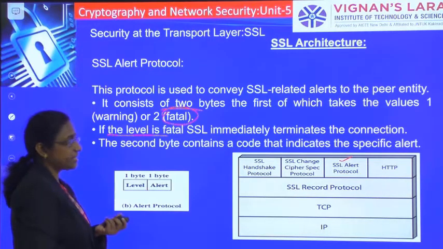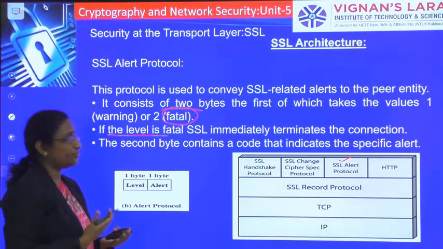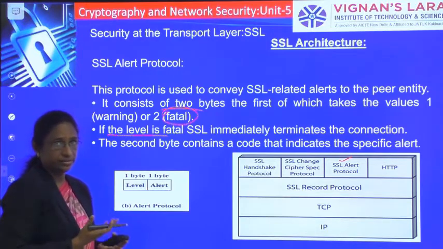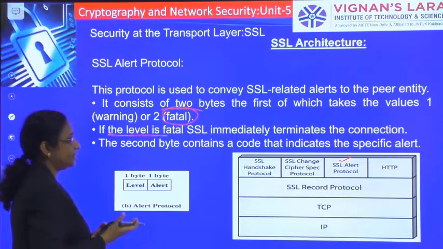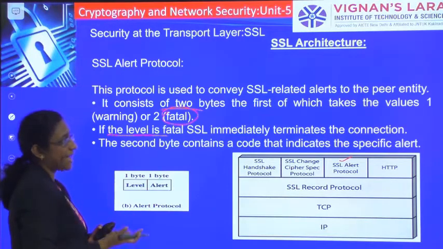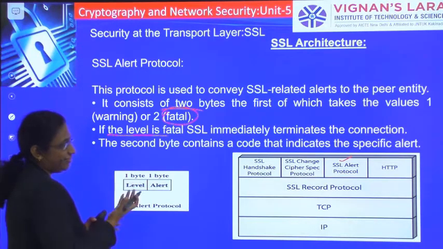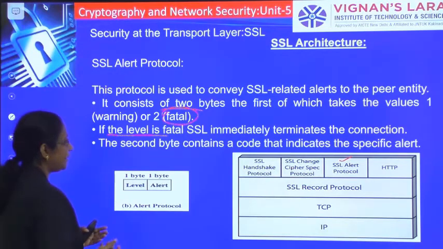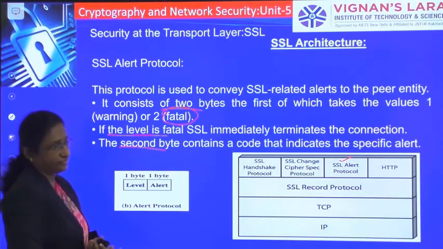Fatal means that something wrong is happening that is going to cause some damage to the connection. That is why SSL immediately terminates the connection. And the second byte consists of a code that indicates the specific alert.